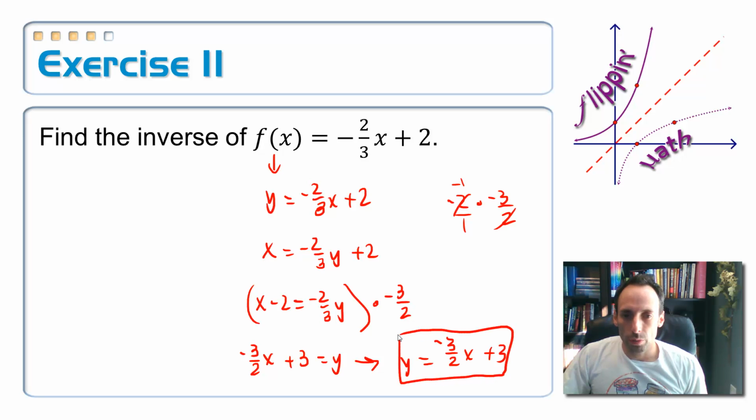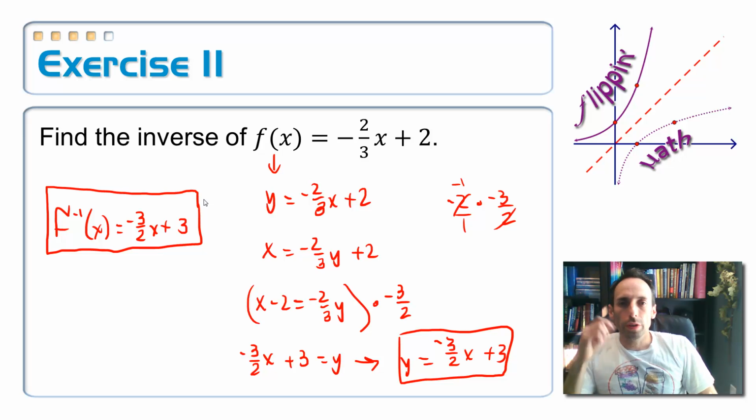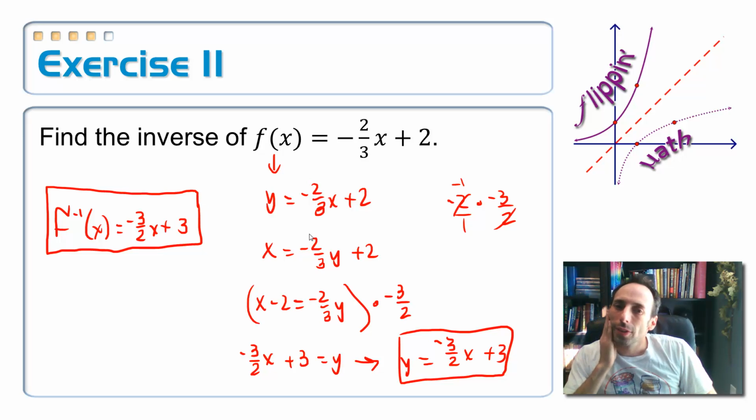Or, if you wanted to write it back in function notation, f inverse of x is equal to negative 3/2 x plus 3. I wonder if you notice anything about those slopes.